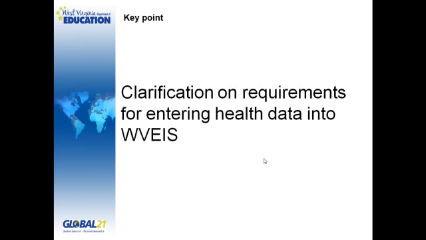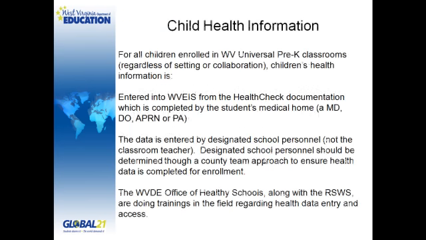The clarification about requirements for health data into WVEIS: the data needs to come from health check documentation that's completed by the student's medical home. The data is entered by designated school personnel, not the classroom teacher, of course, and the designated school personnel should be determined through a county team approach.